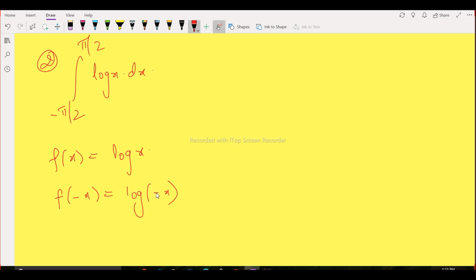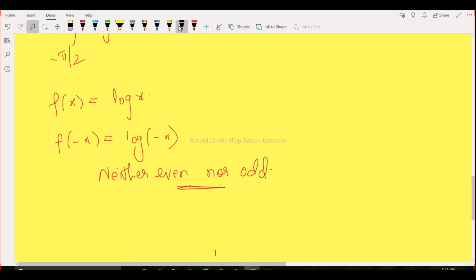Now you cannot take the minus outside of log. So this is neither even nor odd. You have such functions as well. In that case, you will just use any of the other methods available to solve the question, and you will not use this property.